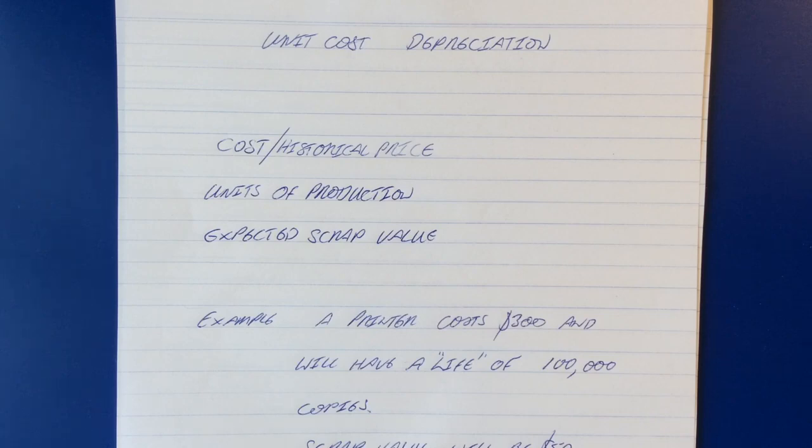So you can't really use the age of the machine as a means of determining what the depreciated value should be. You have to find something else, and that involves the idea of unit cost depreciation. And it requires the person who owns the asset to either know or make an educated estimate of what the machine is capable of producing before it is worn out.